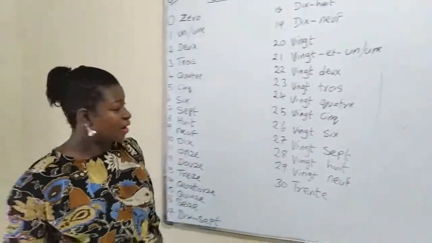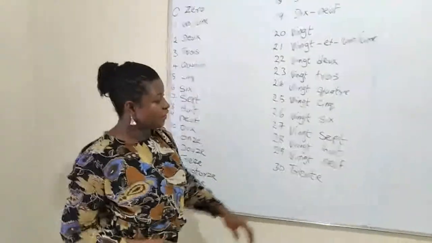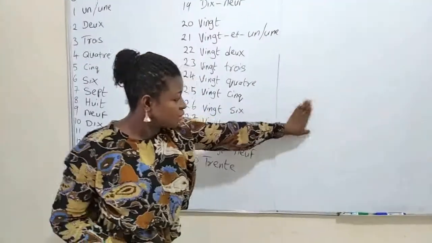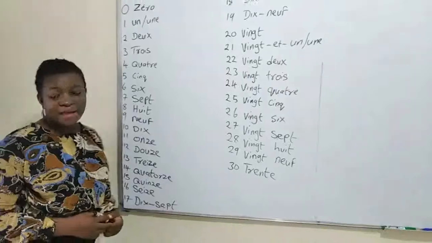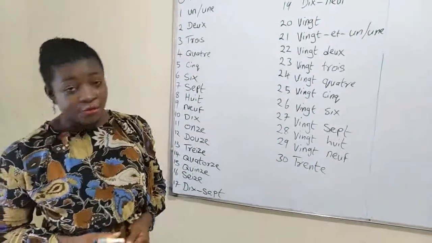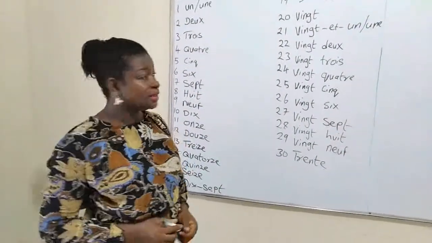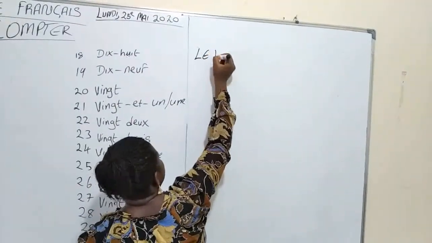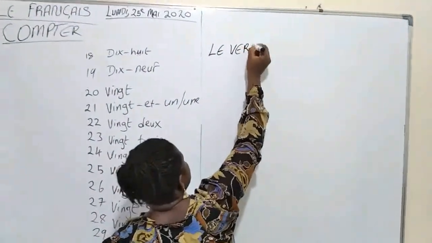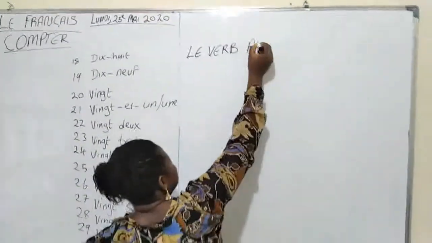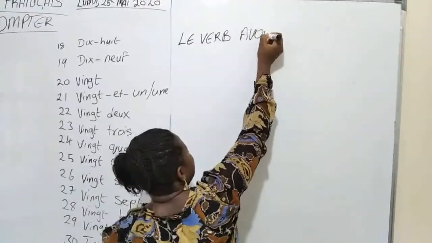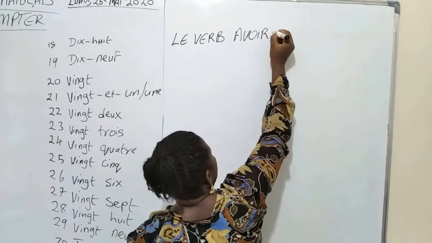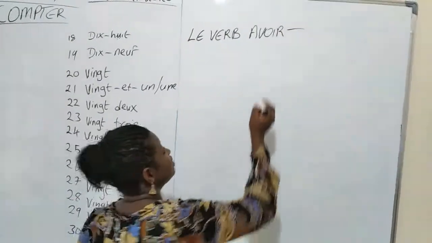Okay, right now we are going to look at the verb I told you about. Let's look at our verb avoir in the present tense. Le verbe avoir. What does the verb avoir mean?